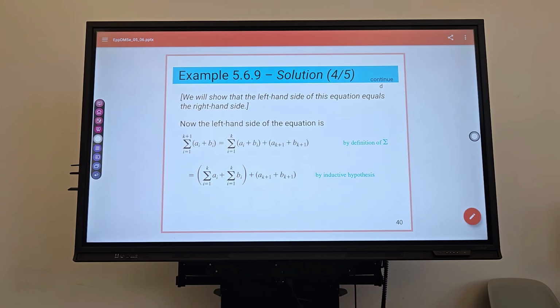and you do some substitution with the definition of summation and by the inductive hypothesis. Substitute in the inductive hypothesis.